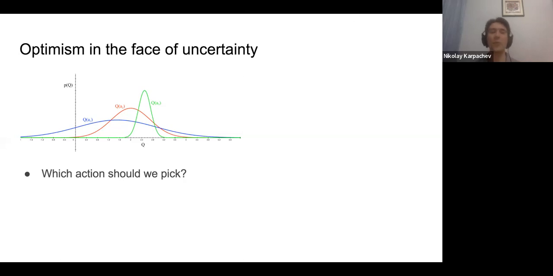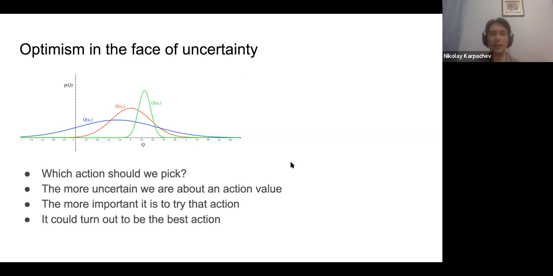So for example, if we want to explore and we see that for action 1 we know very few things, we may select action 1 to make this curve less flat. So we want the Q value for action 1 to be fairly certain. It's possible that it will be greater than this green curve here, so we can select action 1.